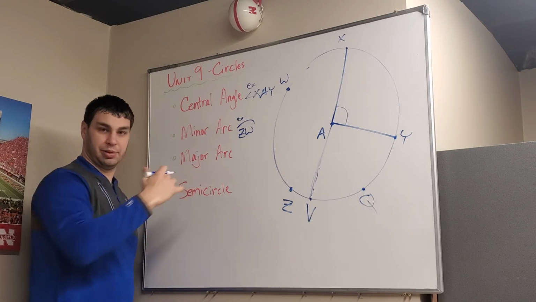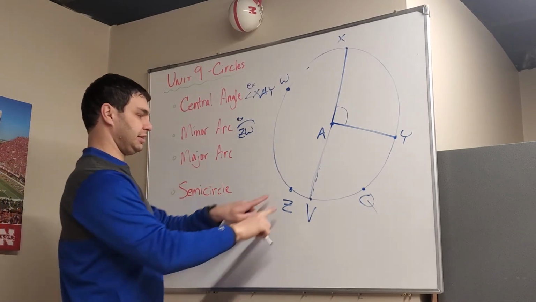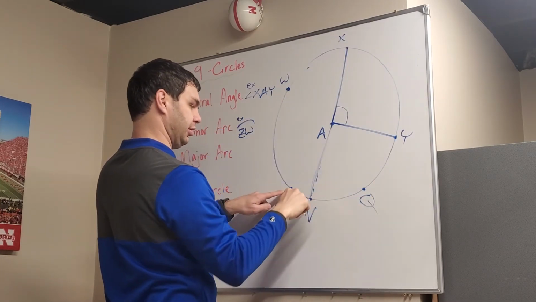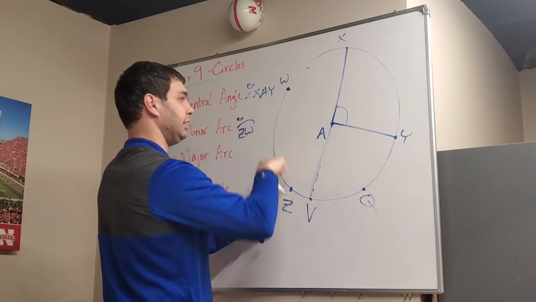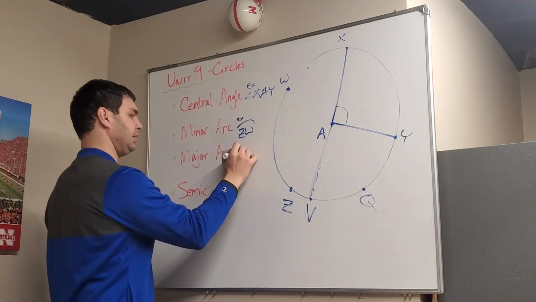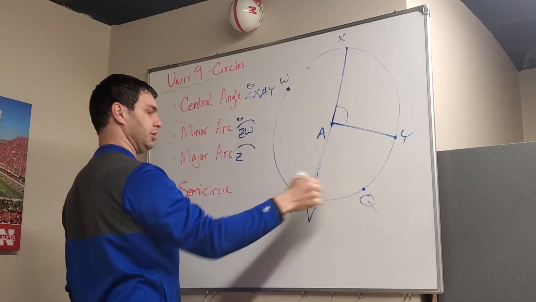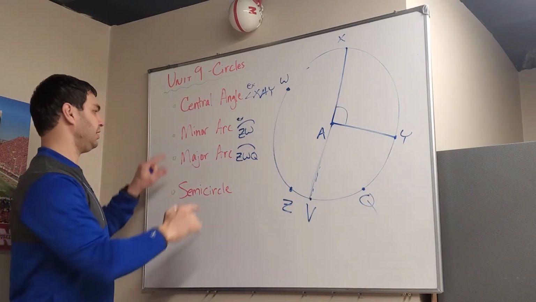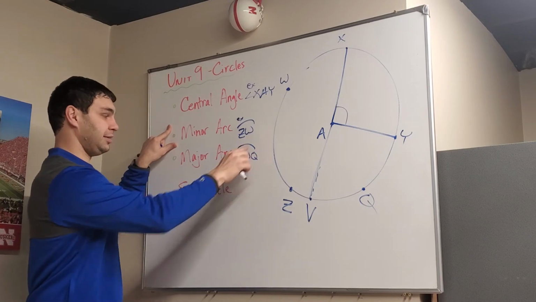A major arc, you could probably guess, is one that is greater than 180 degrees. So let's say maybe I want ZXQ. Everything except for this little piece of the circle is going to be my major arc. So I can say arc ZWQ. One way you can denote these is that a minor arc uses just two of those points, Z and W, just two.